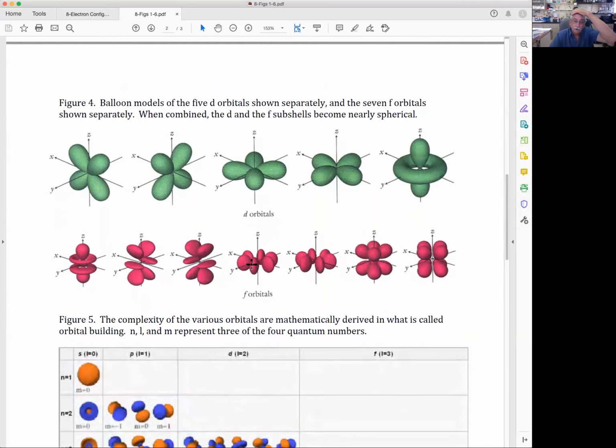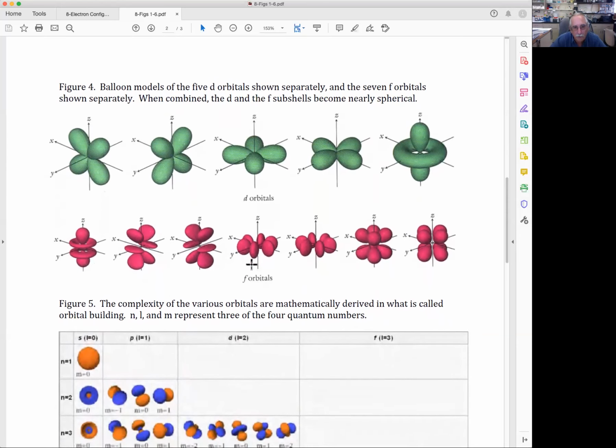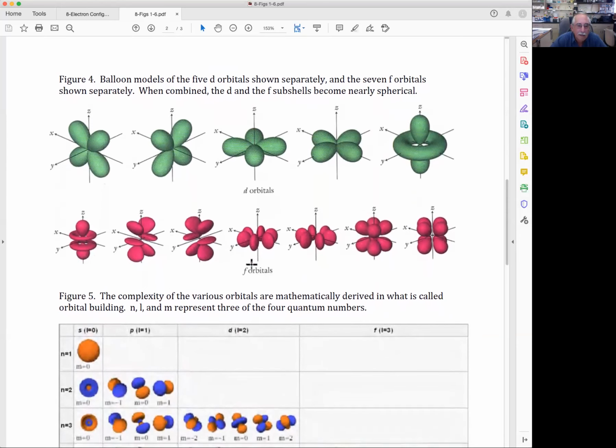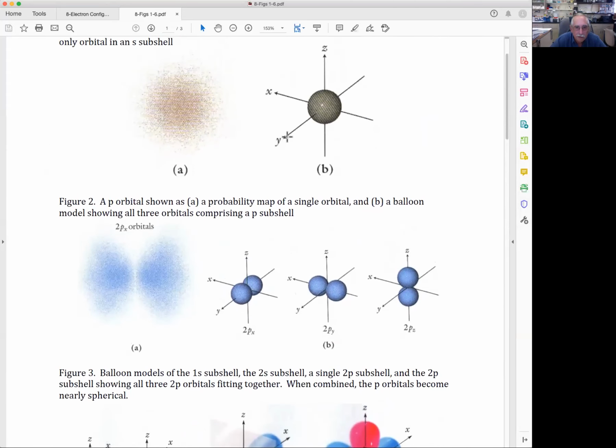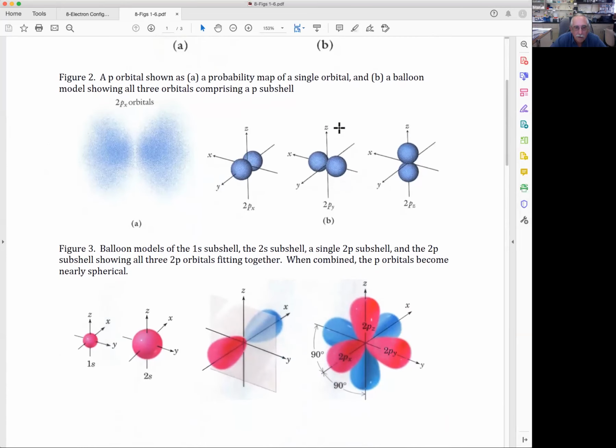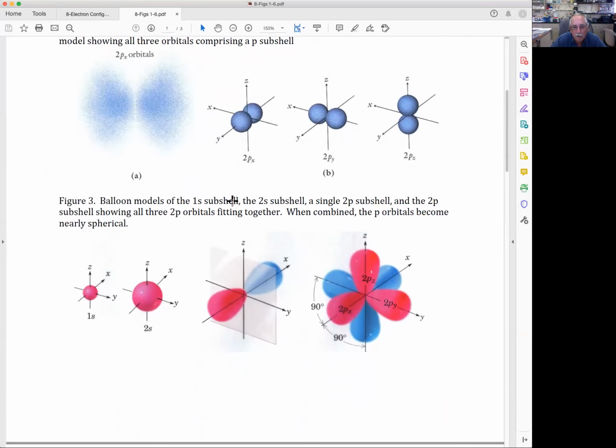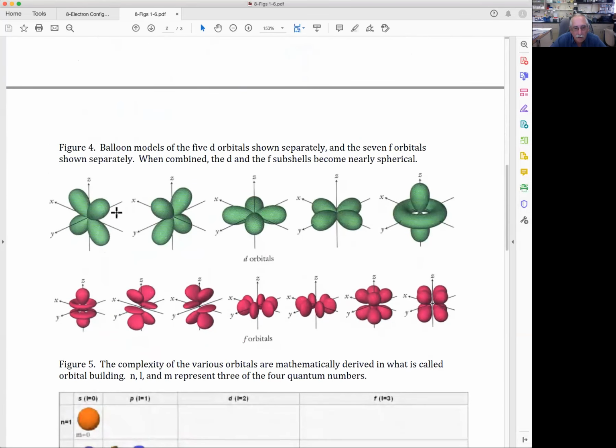I finally found a book in a very, very unlikely place that showed you the D and F orbitals. And notice something. The S's are very simple. There's only one lobe. And then the next more complex one, there's two lobes. Then the next most complex one, there's four lobes. But look at all the different combinations.